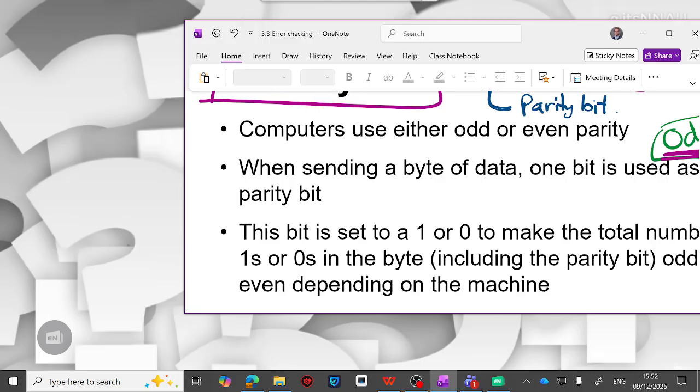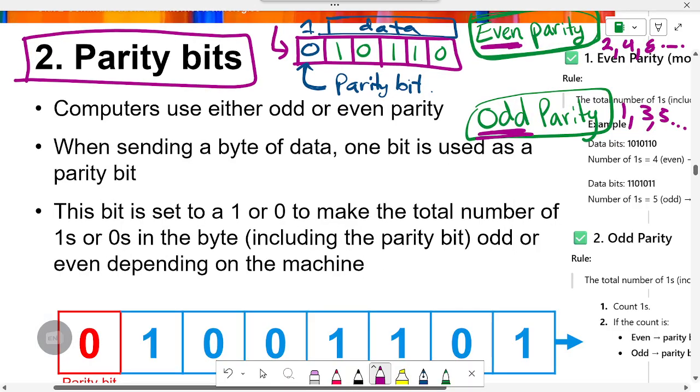I need to go big screen here. Okay? Now, if it's even parity, here's the idea. Computers use either odd or even parity. When sending a byte of data, 1 bit is used as a parity bit, usually the very first bit. This bit is set to 1 or 0 to make the total number of bits even or odd.